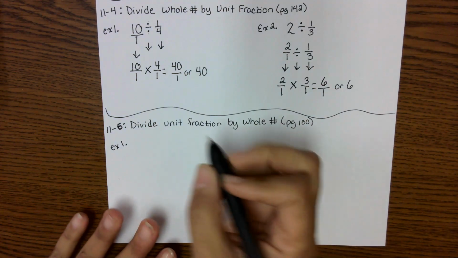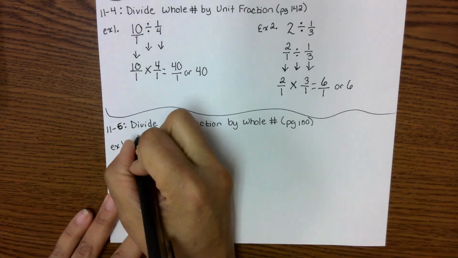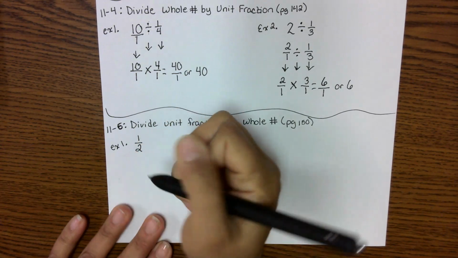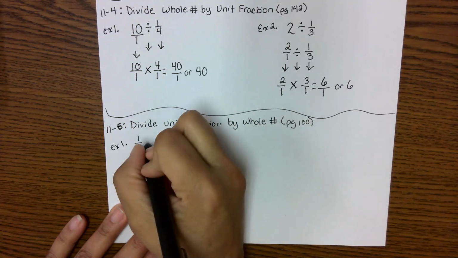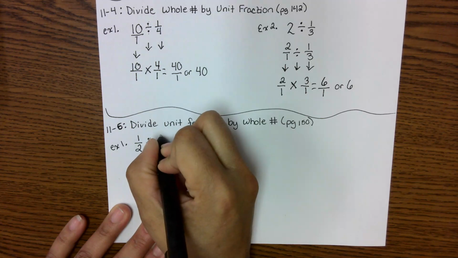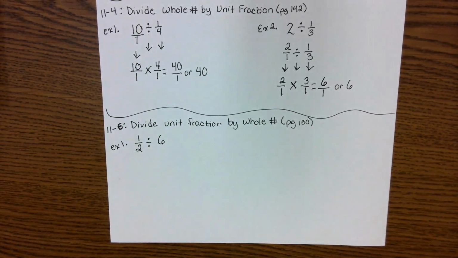Half. Yes, the total amount of milk she has is half a gallon. She's dividing that half gallon equally into 6 cups. So the question is, what fraction of a gallon is in each cup?